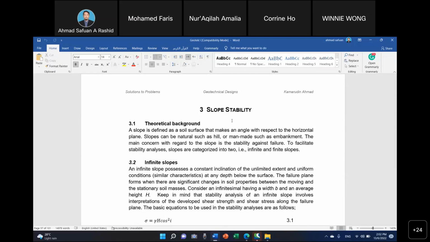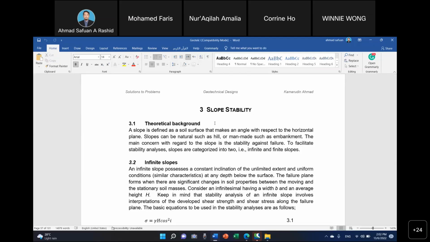On the theoretical background, a slope is defined as a soil surface that makes an angle with respect to the horizontal plane. A slope can be natural, such as a hill, or man-made, such as an embankment. The main concern with regard to the slope is the stability against failure. To facilitate stability analysis, slopes are categorized into two: infinite and finite slopes.